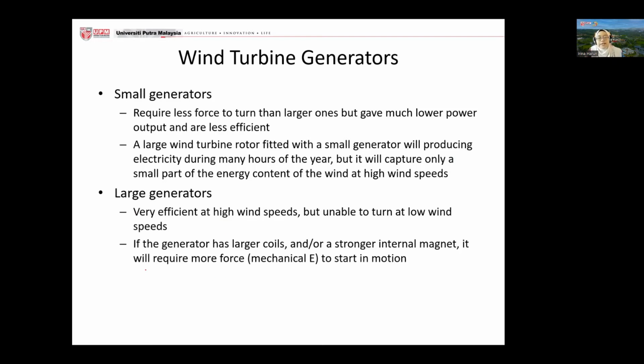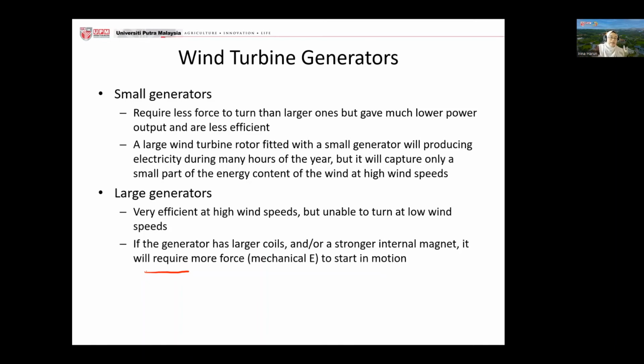This is one of the reasons. If the generator has larger coils and or a stronger internal magnet, it will require more force to start in motion. It gets stuck because you don't have enough force, as compared to a small generator.